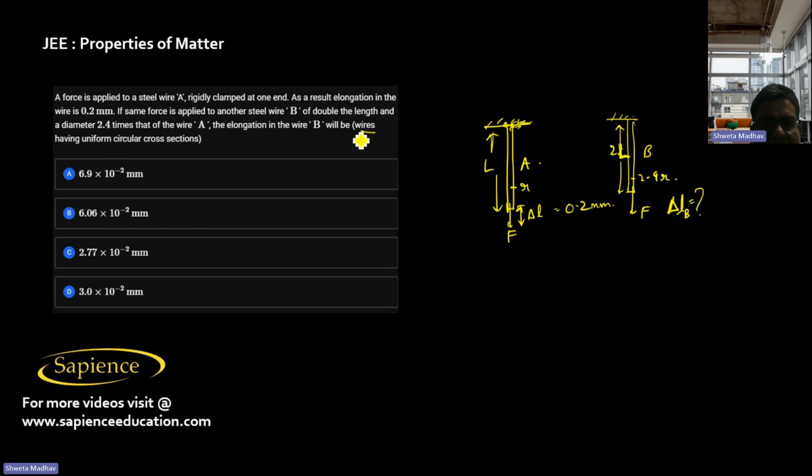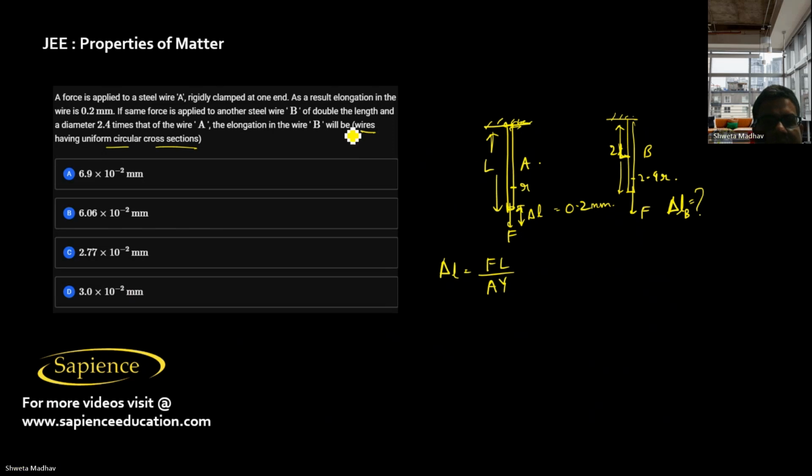It is told that the wires have uniform circular cross sections, so they are cylindrical wires. Here delta L is FL by AY.